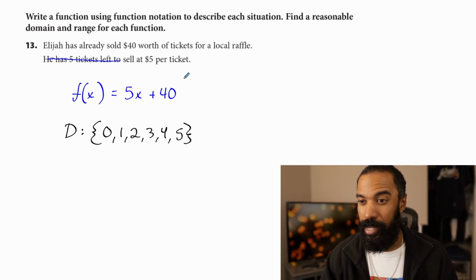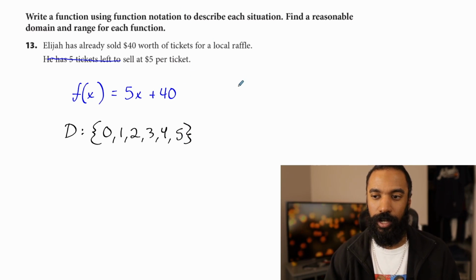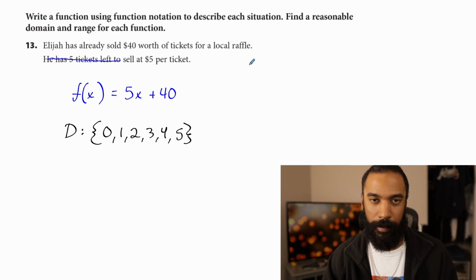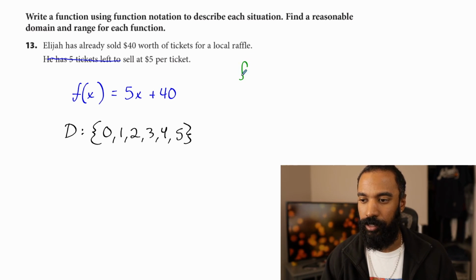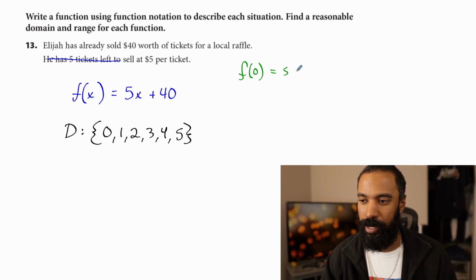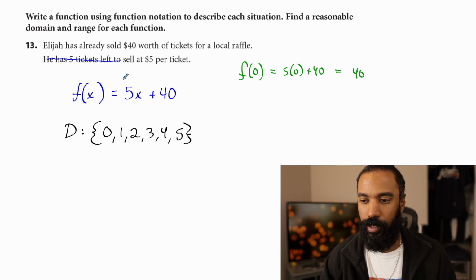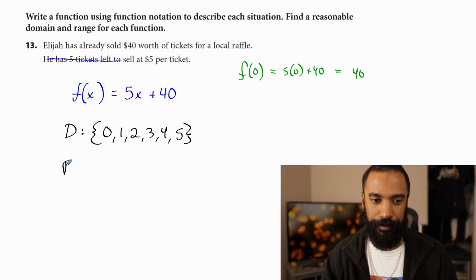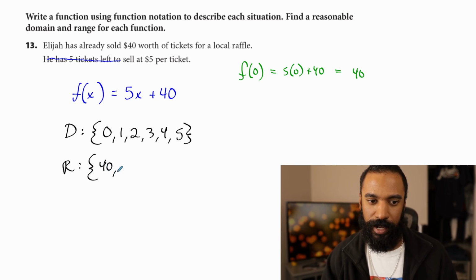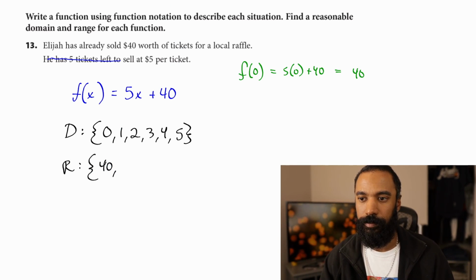The range is dependent on the domain based on what he sells. For example, and I'm not going to do this for each one, you probably already know the answer, but if he sells no tickets, we can determine how much money he'll have by substituting in 0 for x. In this case, 0 plus 40 gives you 40. So the first element in your range, because it just goes higher, is the lowest value, which is $40.